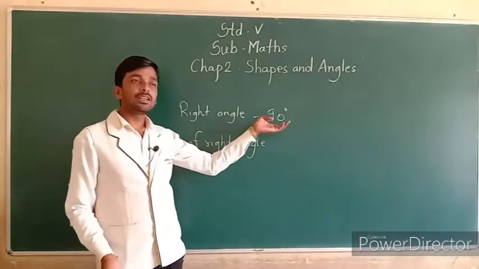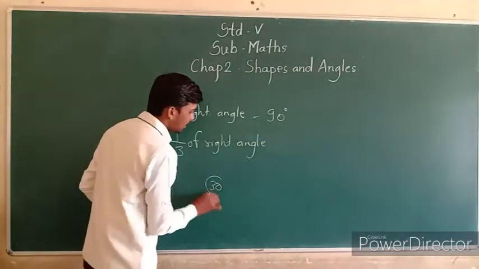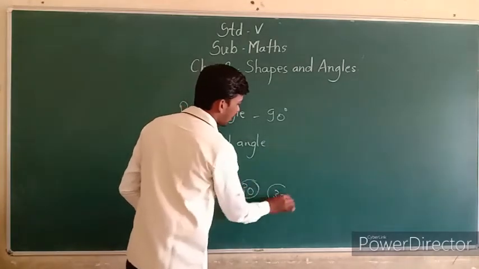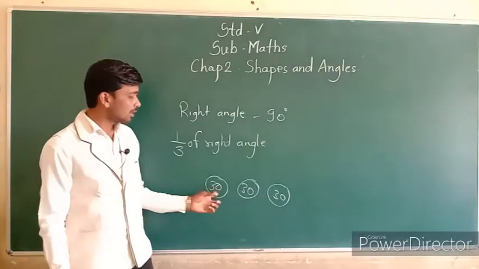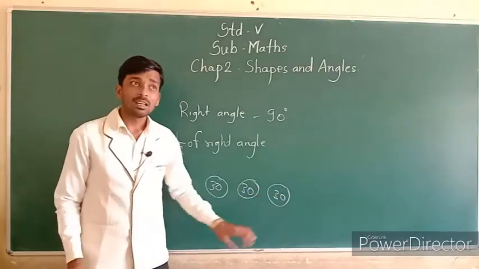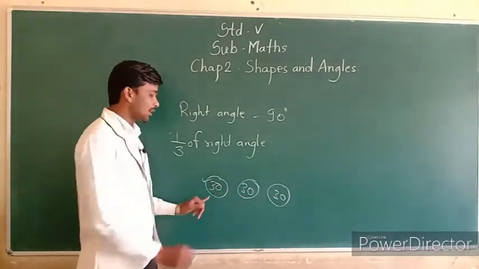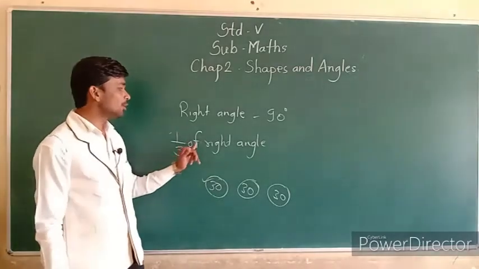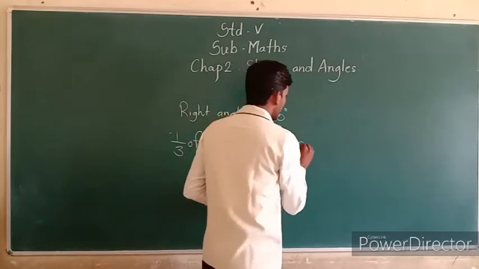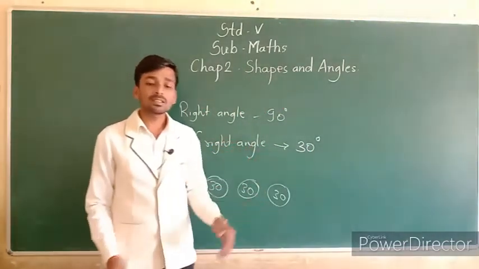So we divide this 90 into 3 equal parts. How? See, 30, 30 and 30. These are 3. See, 30 plus 30 is 60, 60 plus 30 is 90. So these are 3 equal parts. Of those, we take only 1, means 30. So 1/3 of a right angle means 30 degree.